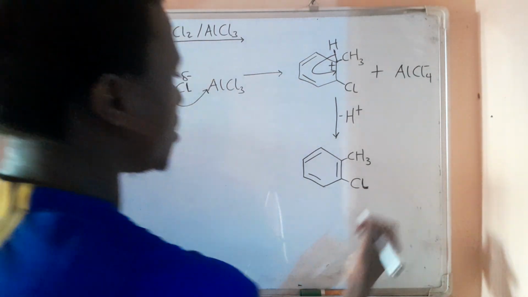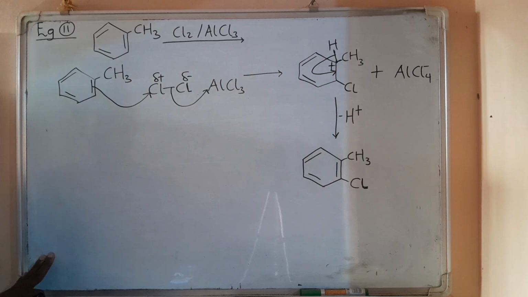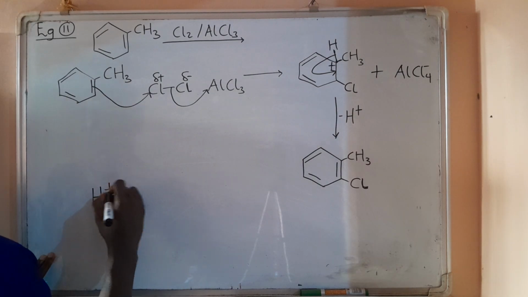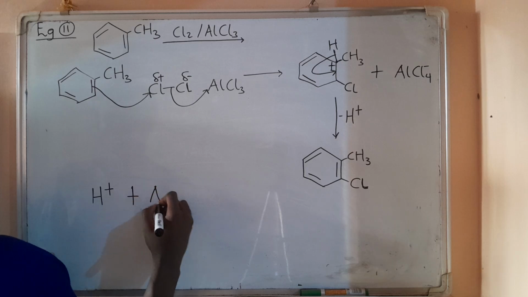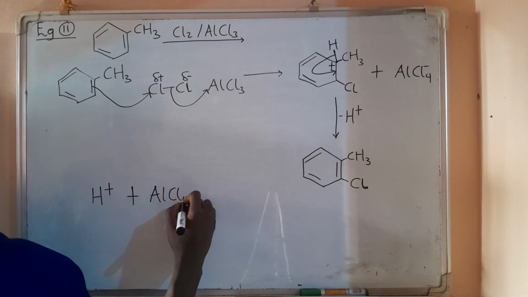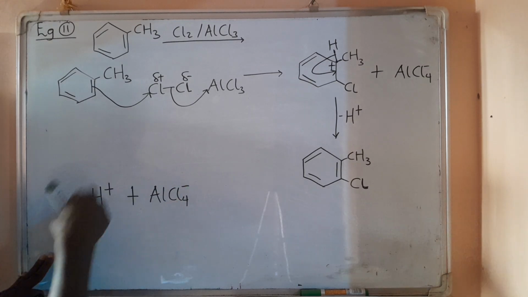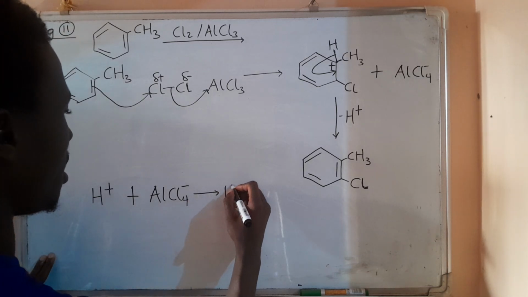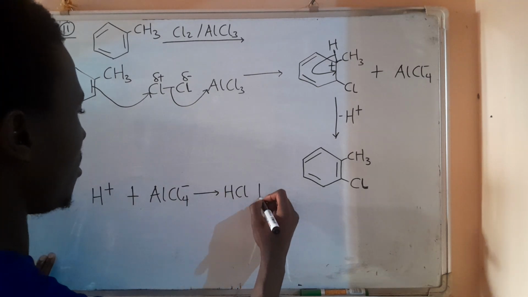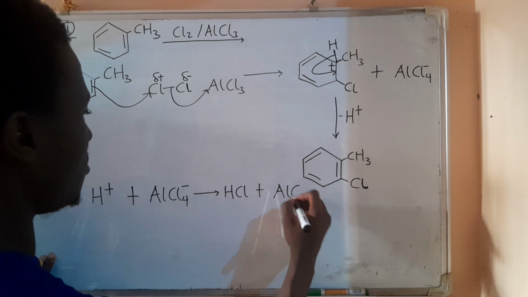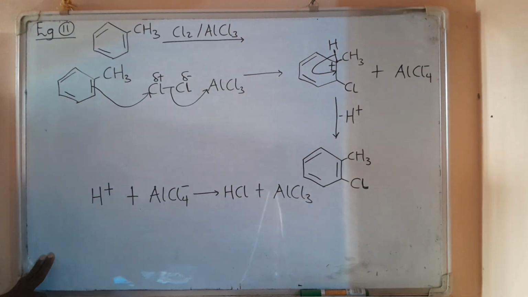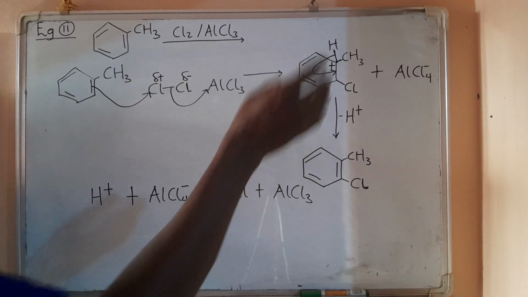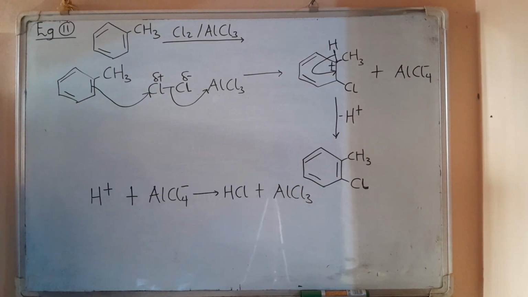Then the hydrogen ion plus AlCl4 minus, this donates to the proton, so that will form hydrogen chloride plus aluminium chloride. So the products, do not forget to complete the reaction. We have this and the hydrogen chloride.